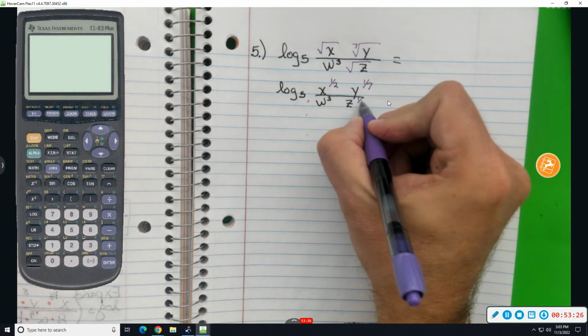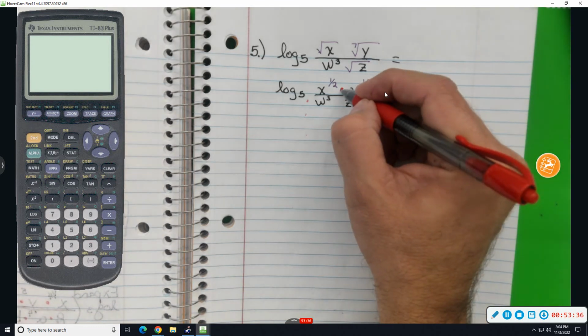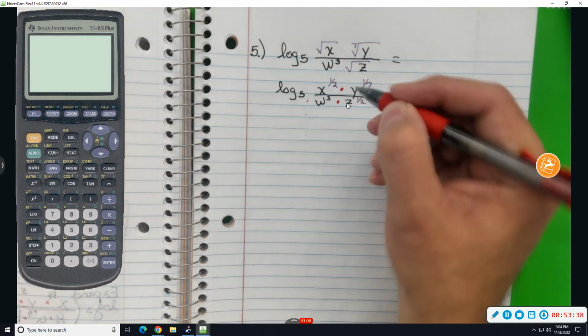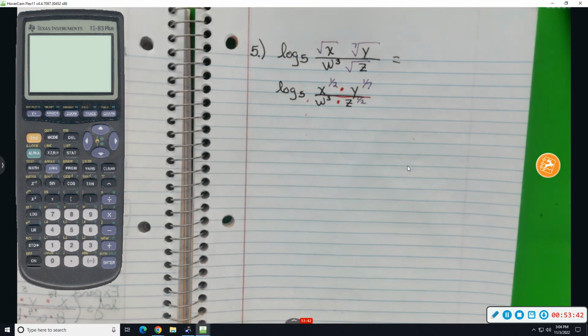How many distinct logarithms are we going to have in this expansion? How many distinct factors do we have? 4. Okay, we have 2 on top, 2 on the bottom, so I agree with 4. 2 of them would be negative.